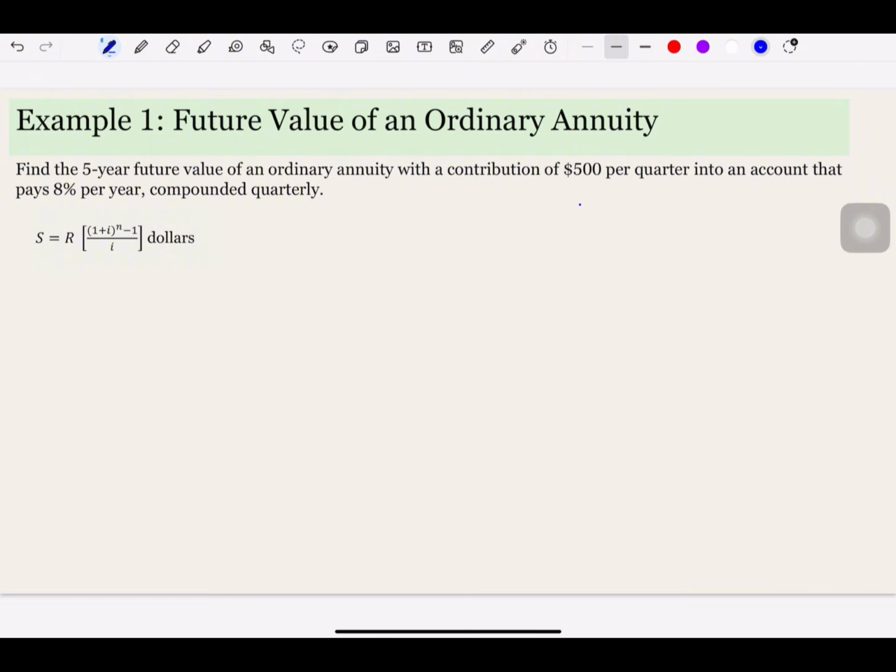Here we have $500 being contributed every quarter, and this happens for 5 years.